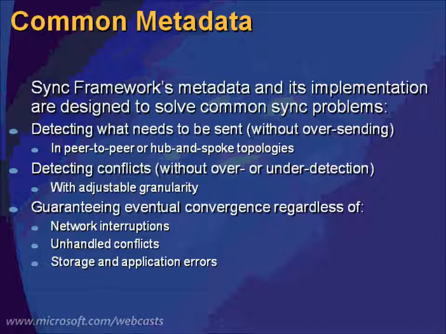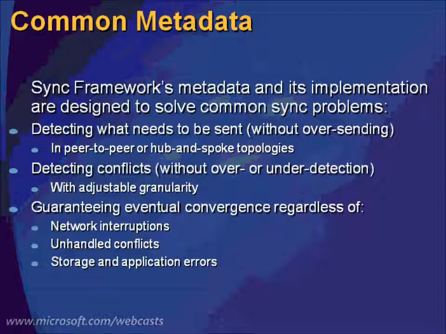Basically that means that at some point, regardless of network interruptions, unhandled conflicts, storage and application errors, all your data will eventually be synced. Maybe something's offline for a day. When that thing does come back online, we will synchronize it with the other endpoints that it is connected to.